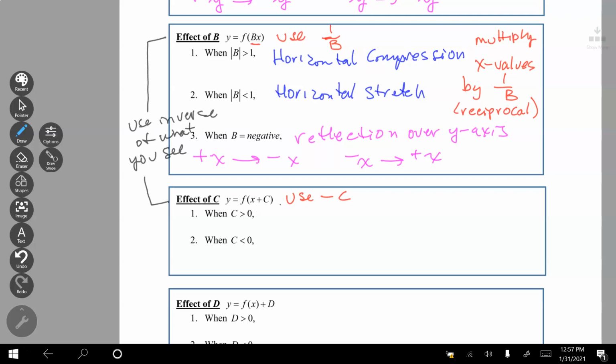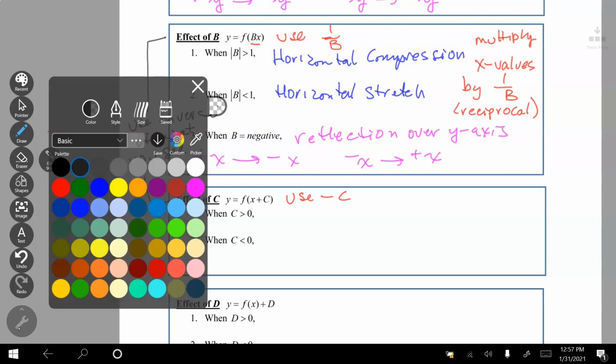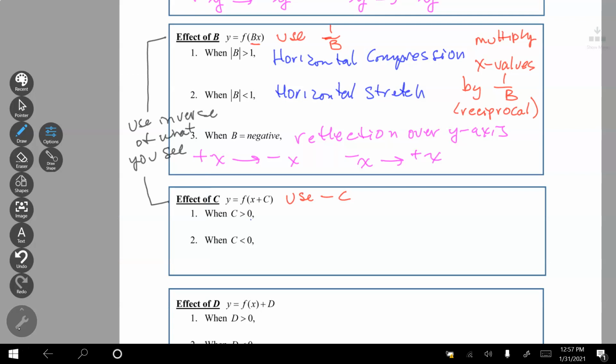And instead of plus C, we use the opposite, minus C. So when C is bigger than 0, that means I may have a positive value. I'm actually using negative C, so it would be left C spots, and a negative C, which means I would really be using something that's positive. That would be right C spots. Okay? And that's if I just have the letter C.